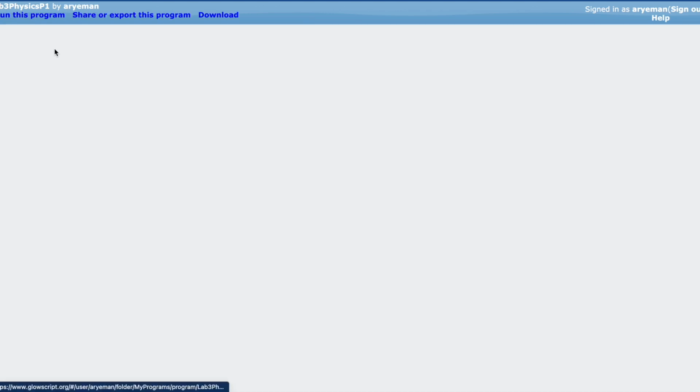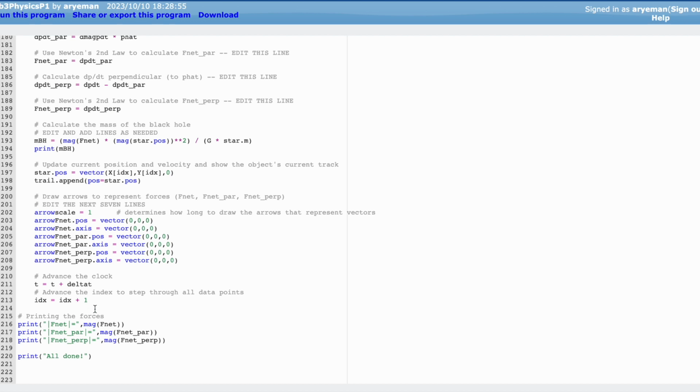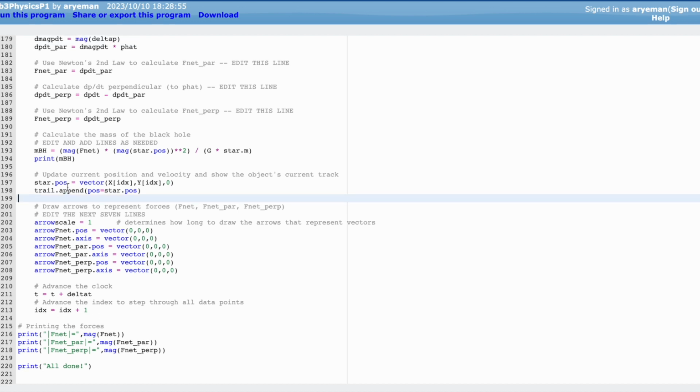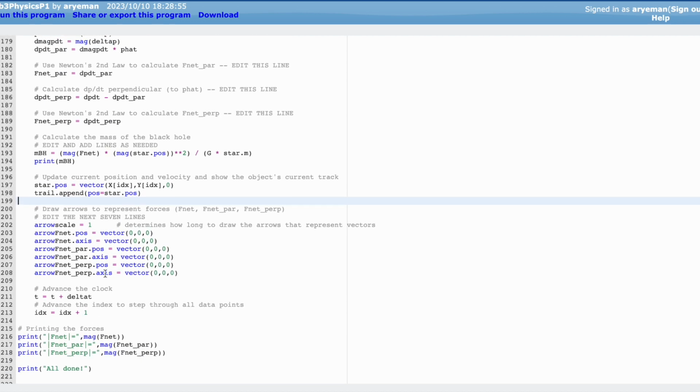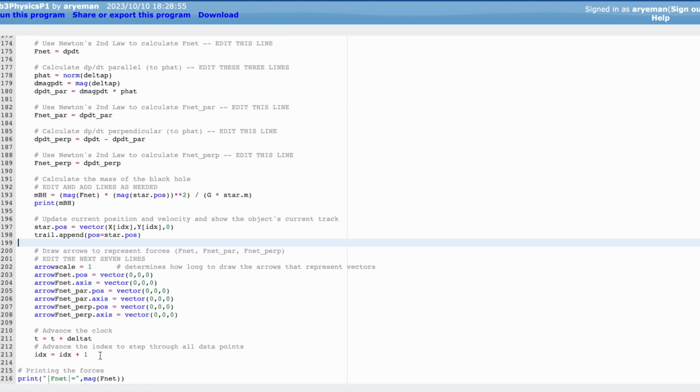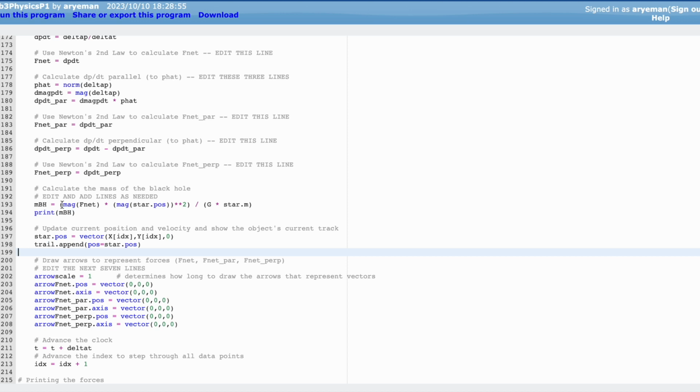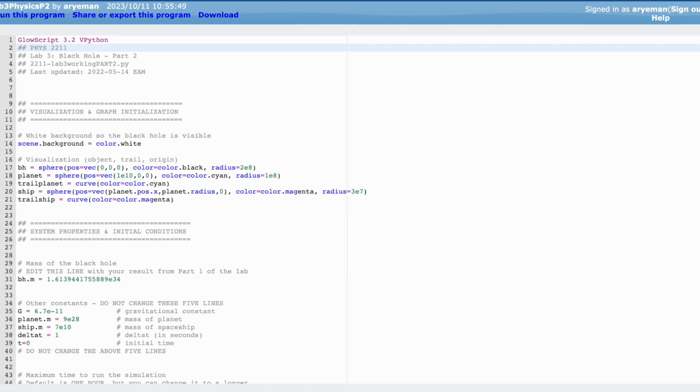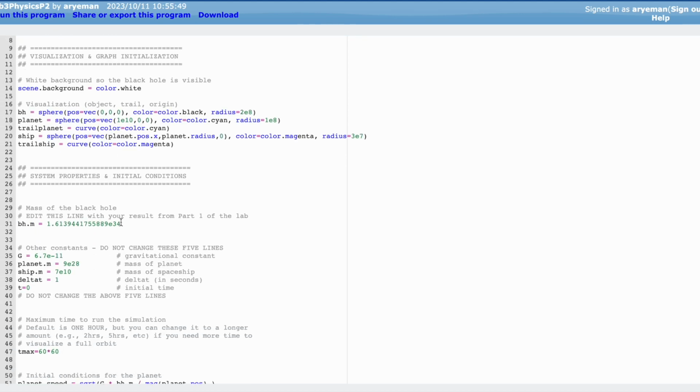To find that mass, I went to the bottom where it's being printed out, and entered that equation to find the mass of the black hole, which is right here. The mass of the black hole is the magnitude of F net times r over GM. But yeah, part 2 wasn't as complicated as part 1, fairly simple.